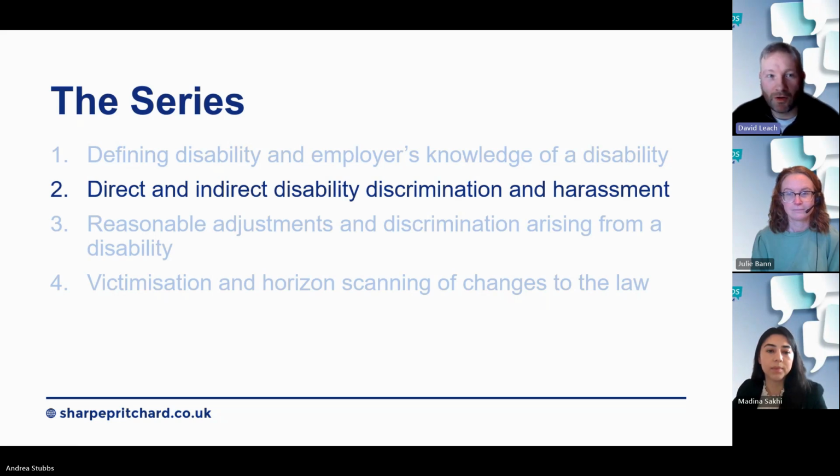Now, just before we move on, the main thing is we are looking at a focus of disability in this, but discrimination, certainly direct and indirect, does apply to all protected characteristics. We're just looking at disability as the main one here because it's usually the one that's quite complex for employers. So it's just something to be aware of, that you can pretty much substitute disability for any of the other protected characteristics.